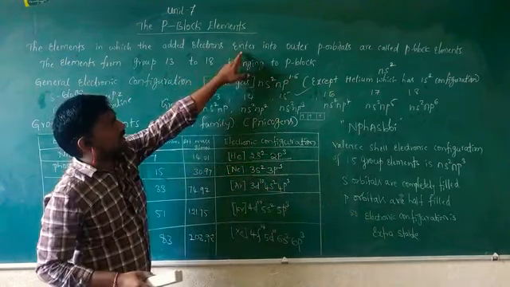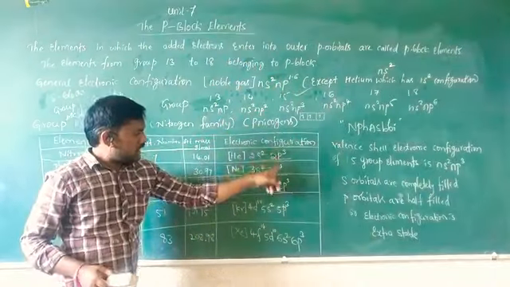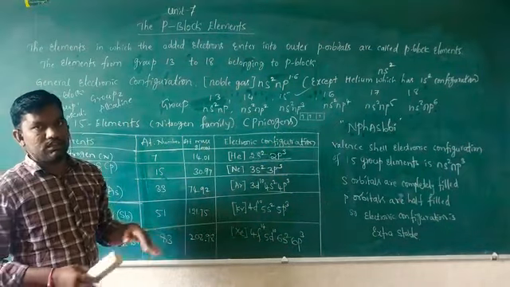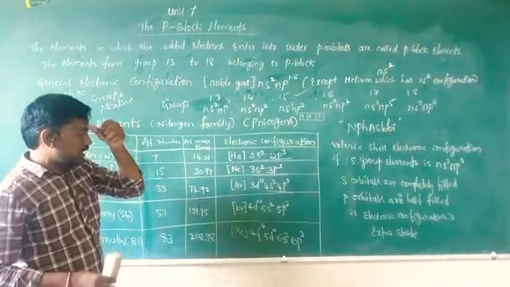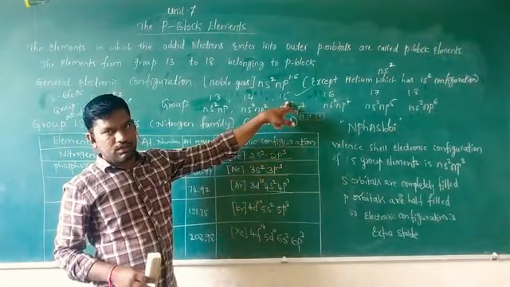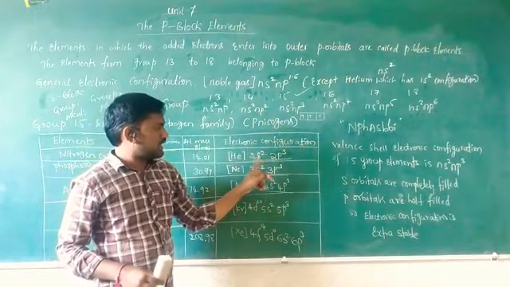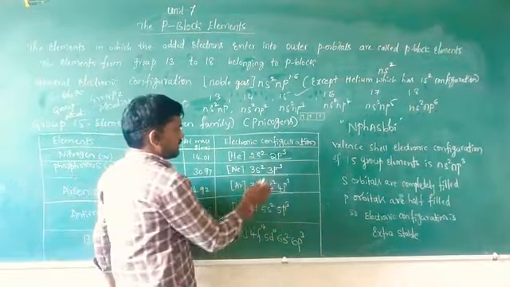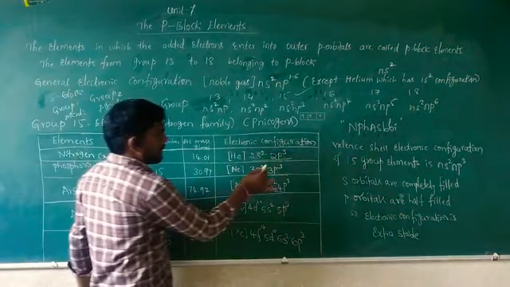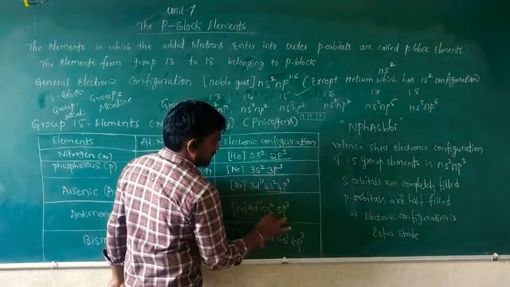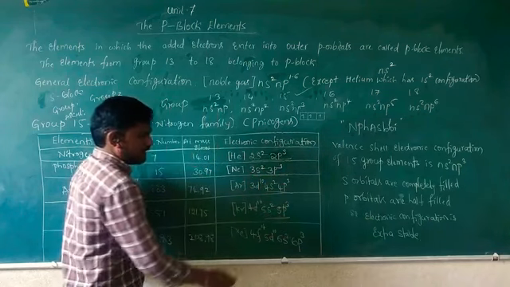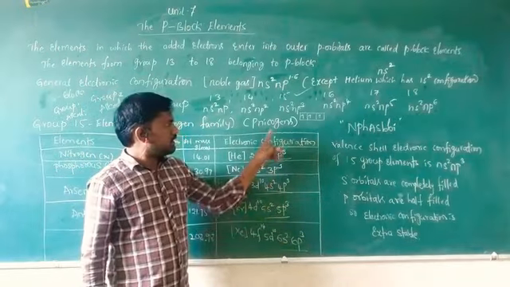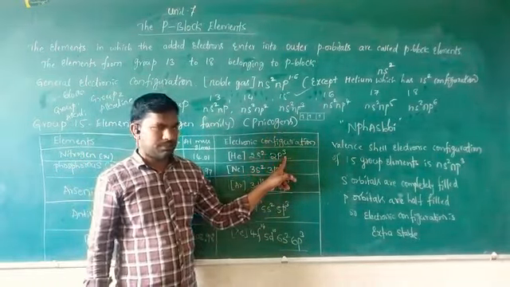The added electrons enter into outer p orbitals, so these are all p block elements, and they form group 15 because the general formula is ns2 np3: 3s2 3p3, 4s2 4p3, 5s2 5p3, 6s2 6p3.